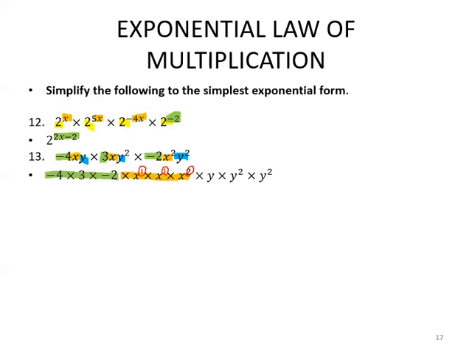Let's go to the y's now. Now we are going to multiply the y's. It's the same base. When you multiply the bases that are the same, you add the exponents. So this y has an exponent of 1.